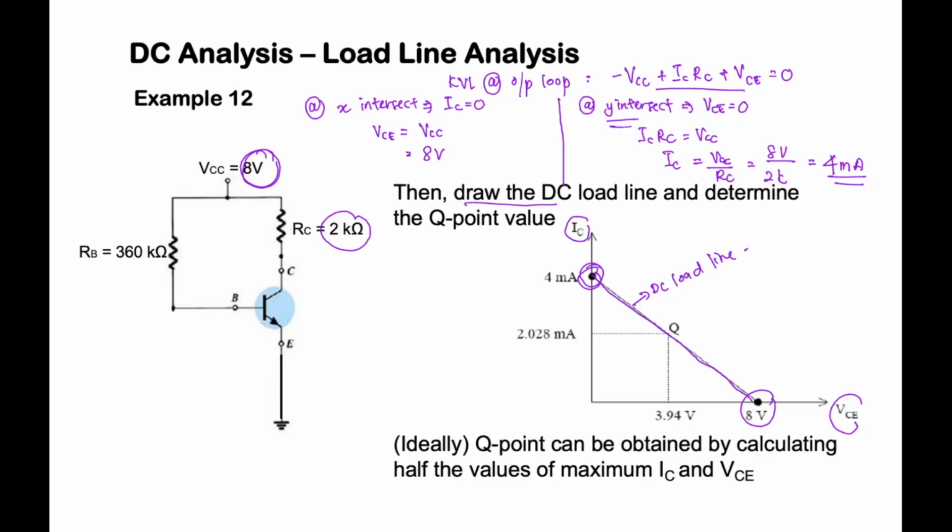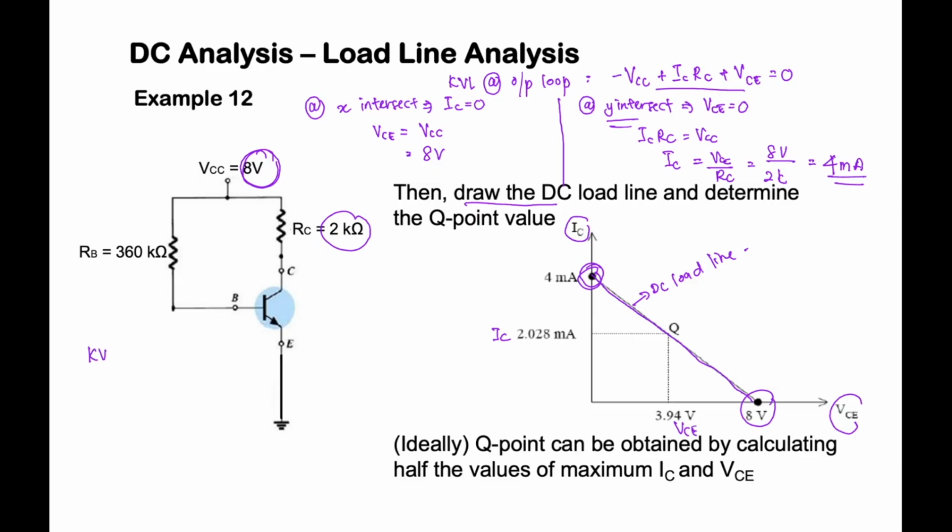Next, in this graph, they didn't provide the base current. So what we need to do is find the value of IC and the value of VCE. During this operation, we need to perform the KVL at the input loop as well.